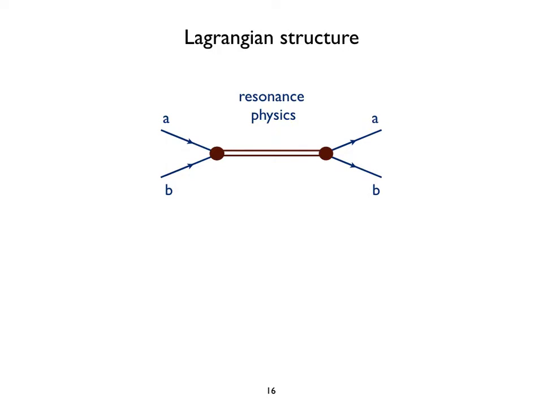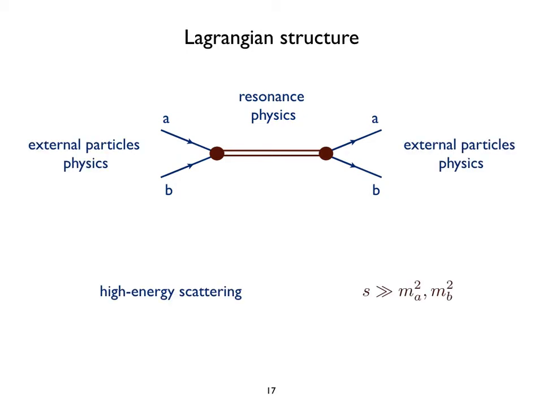First part describes the resonance near its mass shell and the interaction with all fields in the model except for the external particles. It can be built similarly to the heavy quark effective theory. The second part describes the external particle sector.